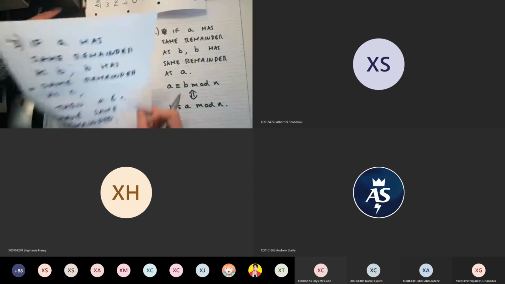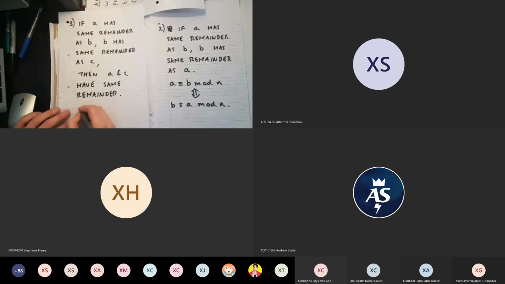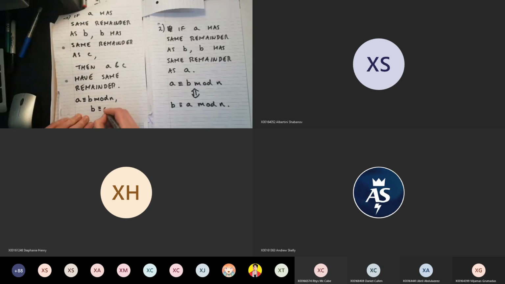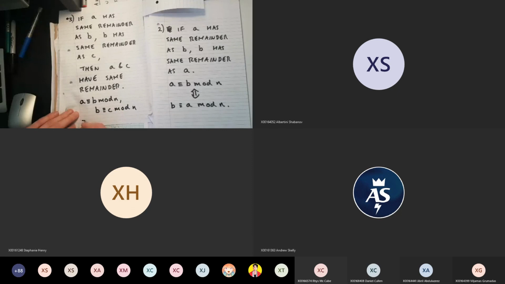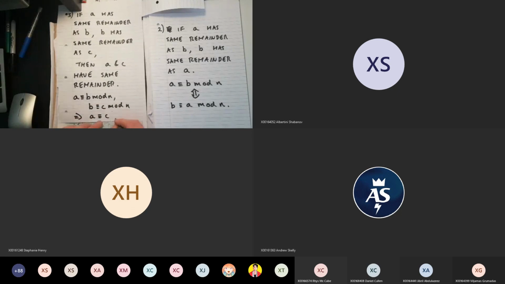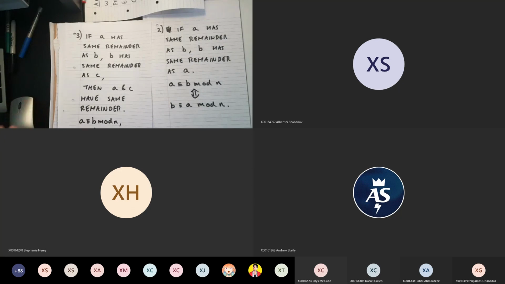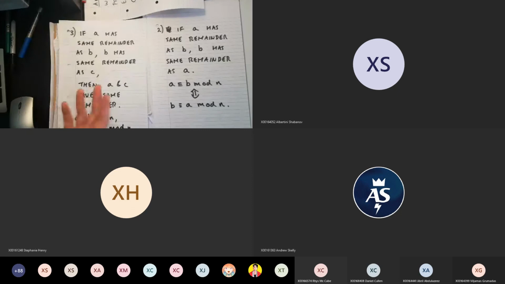The way we would write that is that if A is congruent to B in mod n, and B is congruent to C in mod n, this implies that A is congruent to C. It's very simple to see, it makes obvious sense, but I've just easily checked the three basic properties which are important for me to be able to say that something is an equivalence, that something works a bit like equality in the mathematical sense.